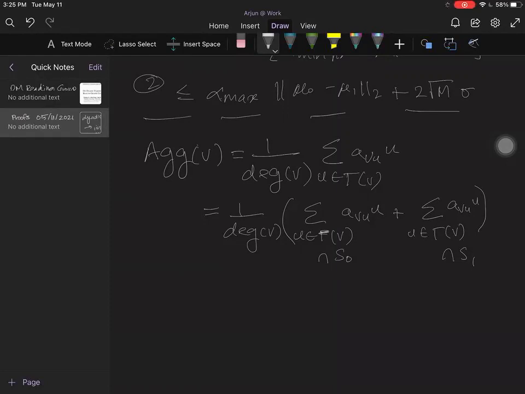We want to now use a special kind of notation to make things a little bit less complex.